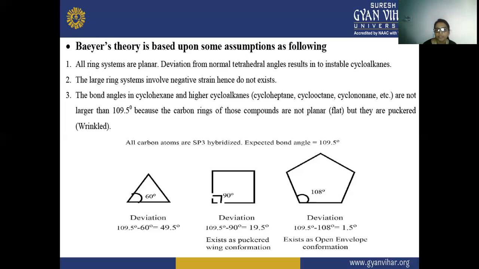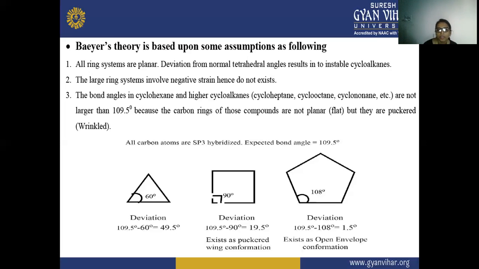Thirdly, the larger ring systems involve negative strain, hence do not exist. So if there is a larger ring angle, then it causes negative strain, and that does not exist, meaning there is no strain on that larger ring system.